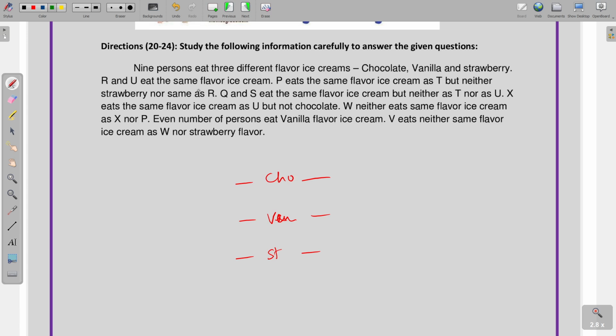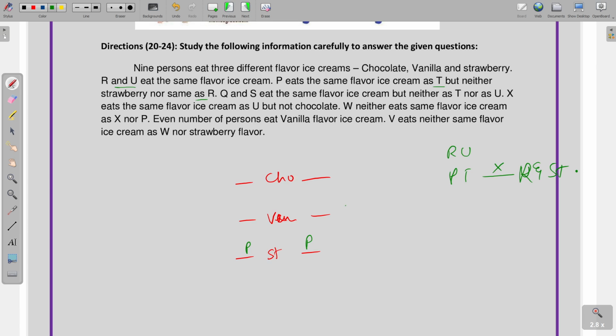R and U eat the same flavor of ice cream. So R and U both are eating the same flavor. P eats the same flavor of ice cream as T, but neither strawberry nor R. So P with T, but not with R and strawberry.